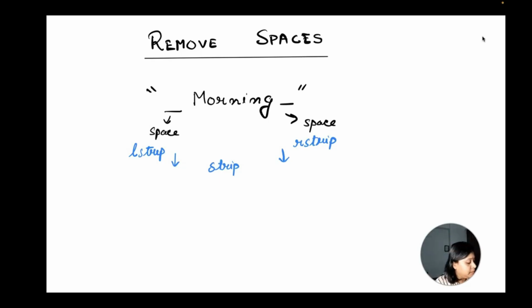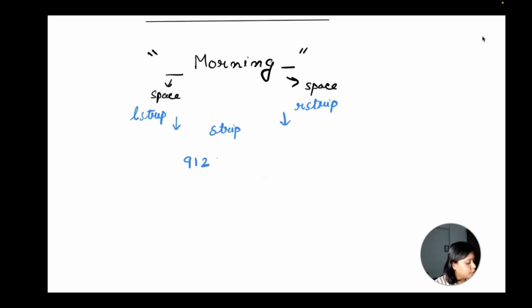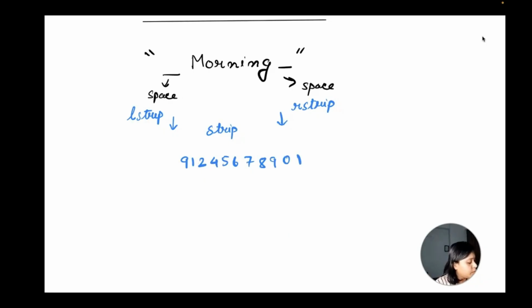For example, I have a phone number that is 9124567891, right? And I want to remove these 4 characters. In some cases, wherever there is some PII information, you are removing those and masking them up.